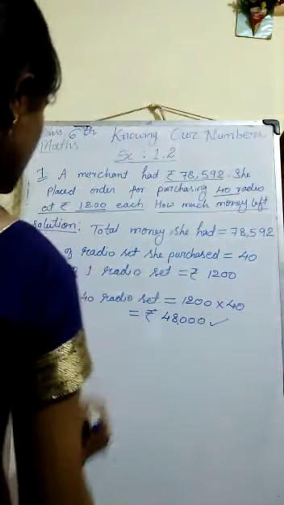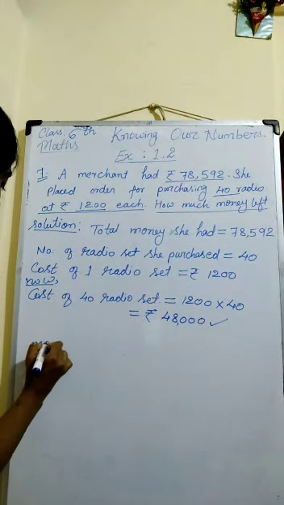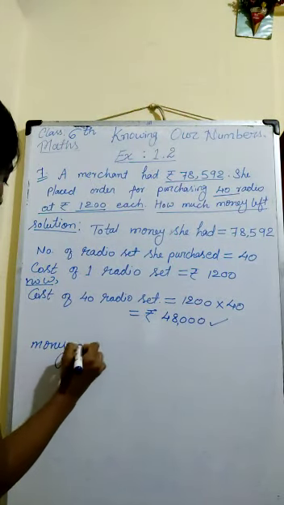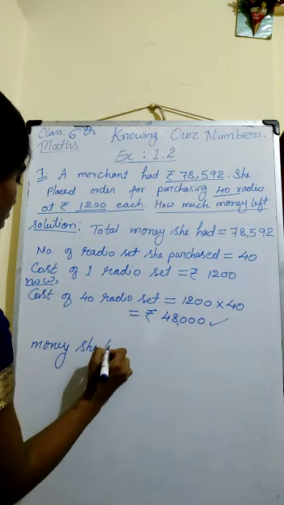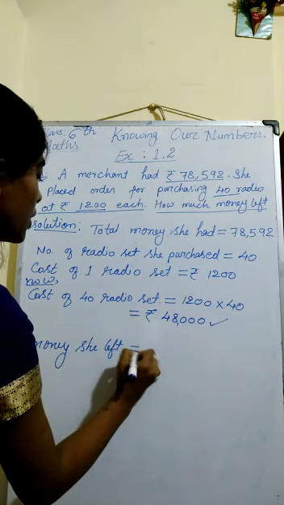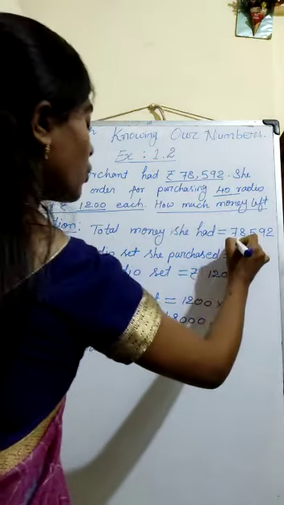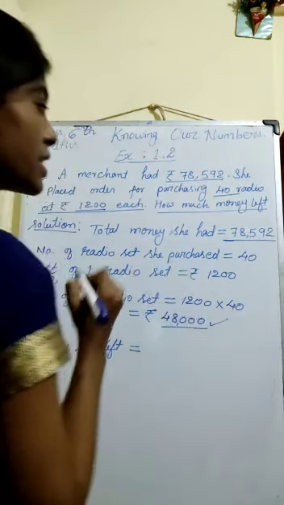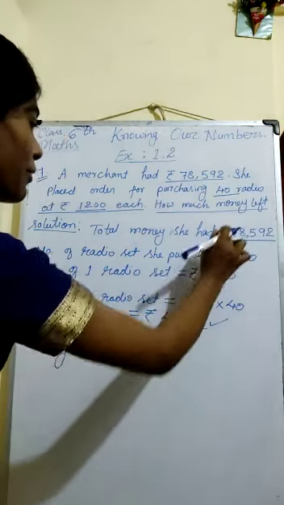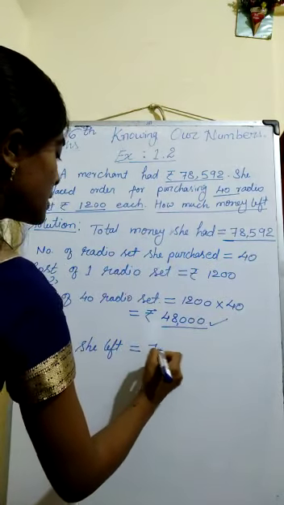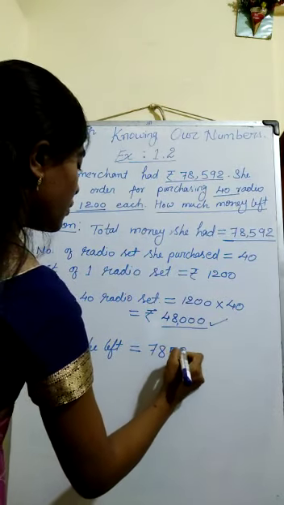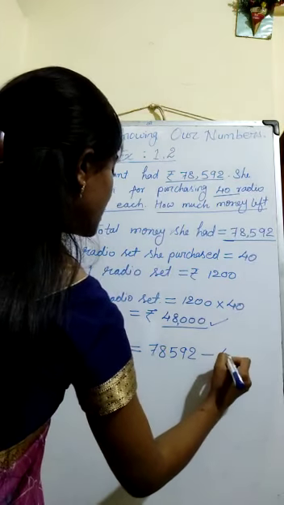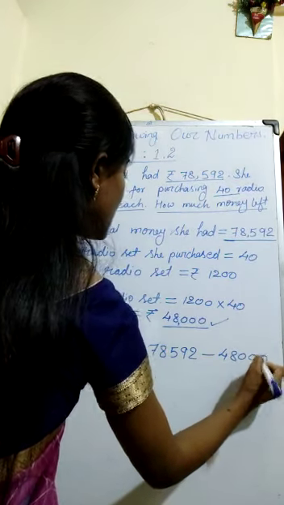The question is, how much money is left with her? So to find out the money she is left with, we have to subtract the money she had at the beginning and the money she had spent. So these two we have to subtract now. 78,592 minus 48,000.